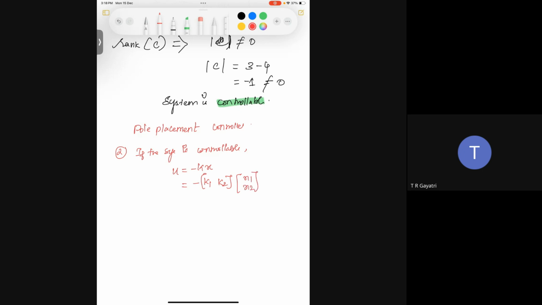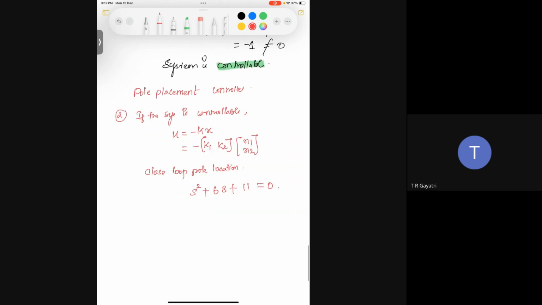Your states are x1 and x2, and you are supposed to design a controller with input u equal to minus Kx, such that I will get the closed loop pole location at s square plus 6s plus 10, 16 minus 5, 11. So this is going to be my closed loop pole location.